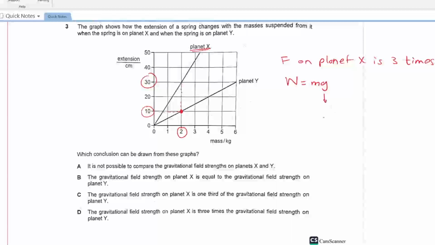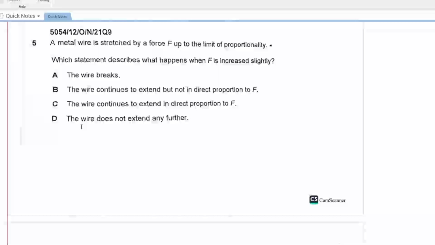If the gravitational field strength of X is 3 times the gravitational field strength of Y, then your weight at planet X will become 3 times, or you can say the force on planet X will become 3 times. Is there any option like that? The gravitational field strength on planet X is 3 times the gravitational field strength on planet Y. D is your answer. Let's further move ahead.